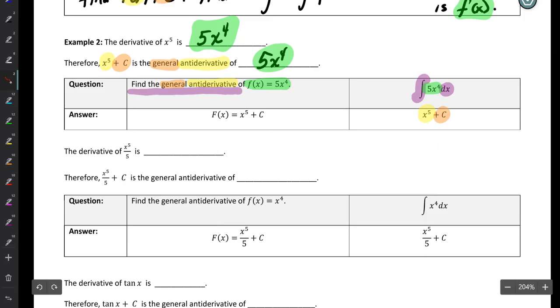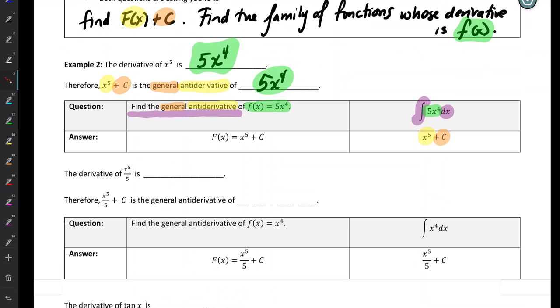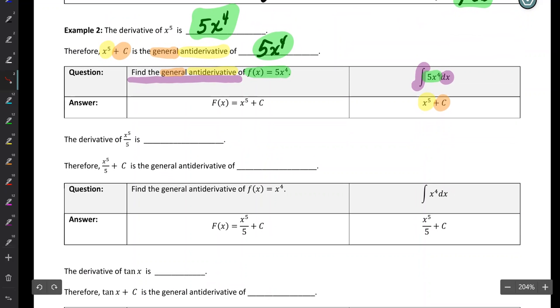Let's just do a handful more. I'm just getting some traction with this reading. The derivative of x to the 5th divided by 5 would be 5/5 x to the 4th, which is just x to the 4th. So x to the 5th over 5 plus c is our general antiderivative of x to the 4th.